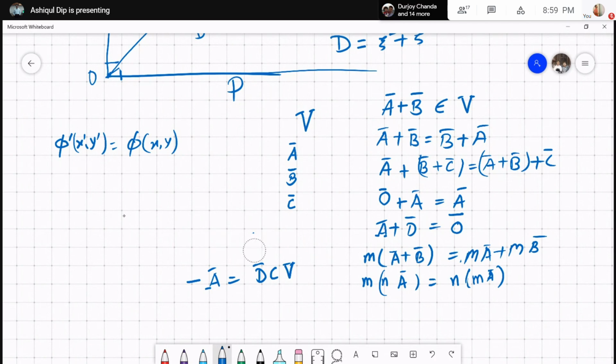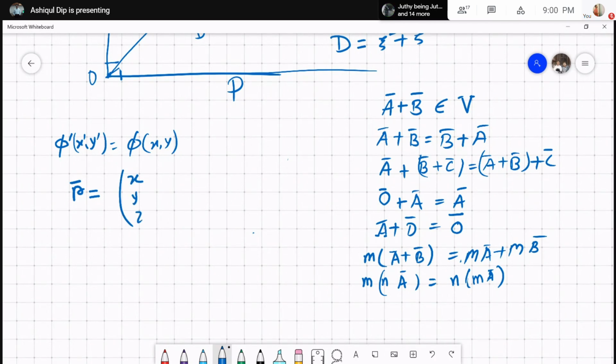Here, all vectors are modeled after a special thing, that is the position vector, defined as this thing. It's a vector whose elements are coordinates of space written in Cartesian coordinates.